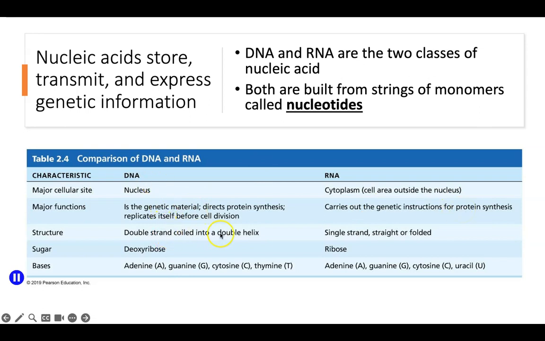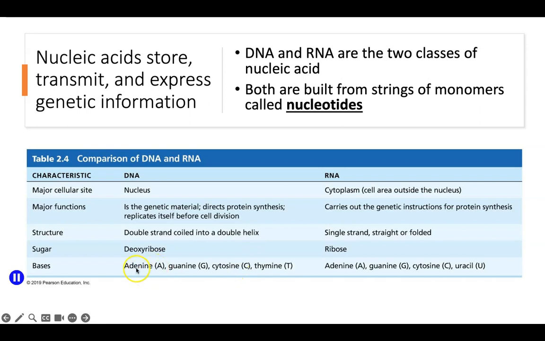DNA is formed into a double helix, you may have heard of, so that means it has two strands that are coiled around each other, whereas RNA is going to have just a single strand. So not a double helix, but just a single strand of nucleotides. A big difference on the structure would be the sugar involved. So I mentioned this in a previous slide here, but deoxyribose is the sugar found in DNA nucleotides, whereas ribose is the sugar that is found in RNA nucleotides.